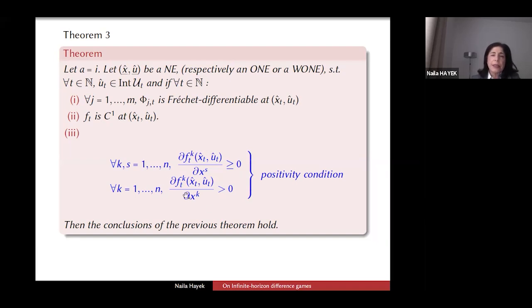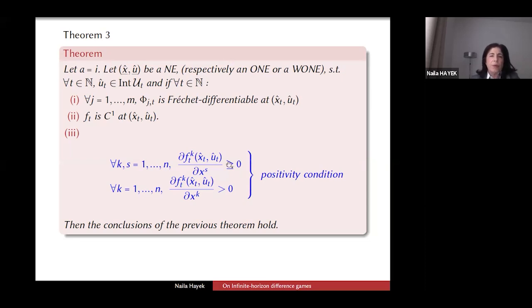which are Fréchet differentiable, and ft must be C1, if instead of the invertibility condition, I write these positivity conditions, the partial derivatives of the functions ft, k with respect to xs are greater or equal to 0, but with respect to xk, they are strictly positive, then I can get the conclusions of the previous theorem with inequalities, with a problem with inequalities.